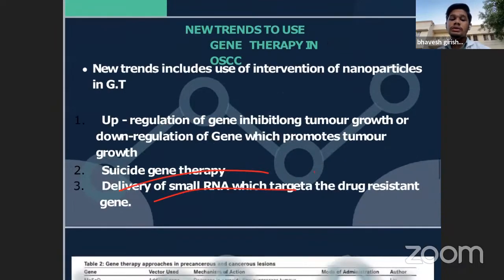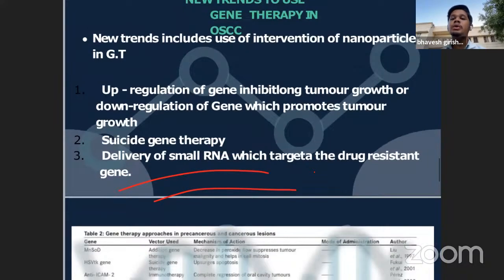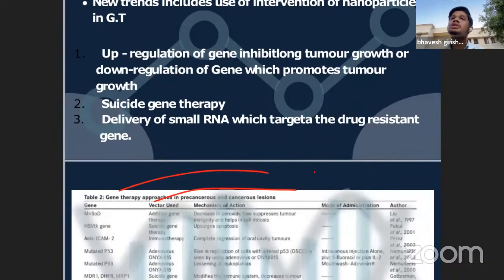Now, what are the new trends in gene therapy to treat oral squamous cell carcinoma? Basically, it involves the use of nanoparticles via gene therapy. The first objective is upregulation of genes inhibiting tumor growth or downregulation of genes which promote tumor growth. The second objective is suicide gene therapy. What is suicide gene therapy?